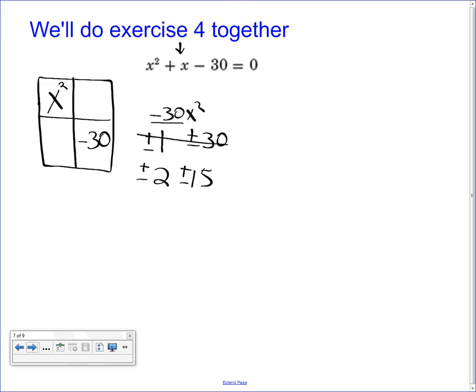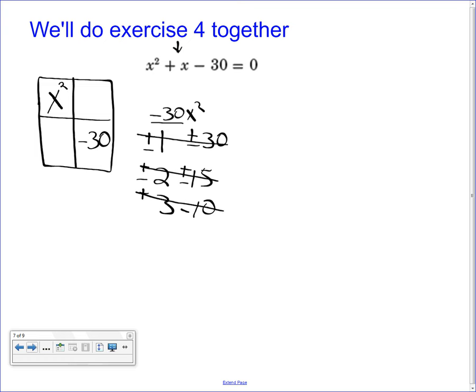It's not that. 3 times 10. Positive 3, negative 10, their difference is 7. Remember, we are still looking to find a difference of 1. And I know that that would be a negative 7 if I went the other way. Okay, so 4 won't go into 30, but 5 will. 5 and 6.